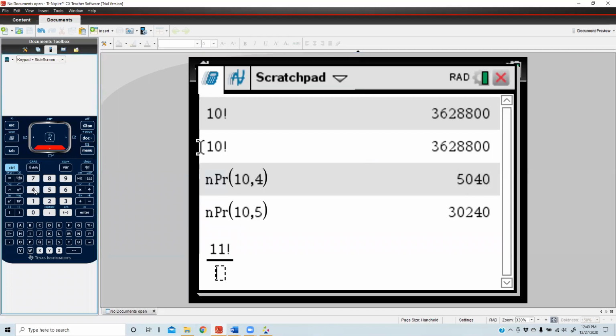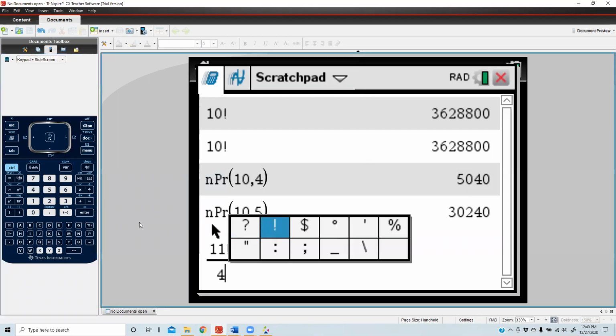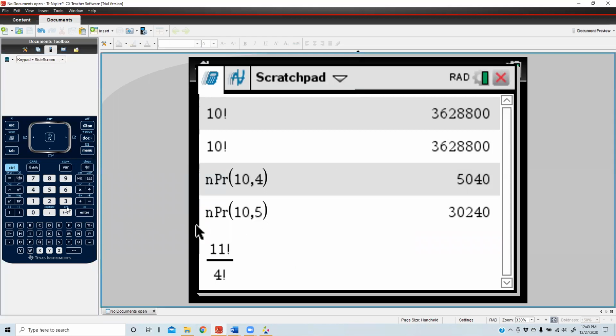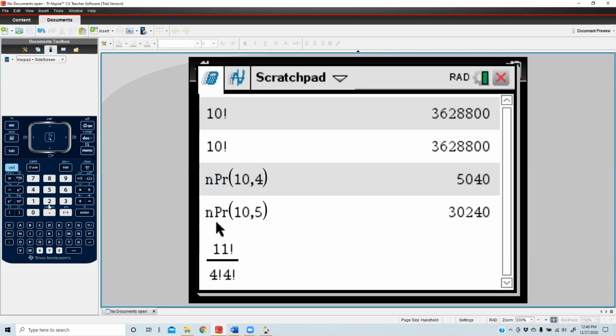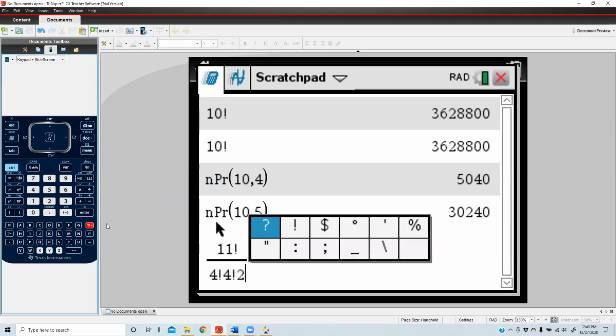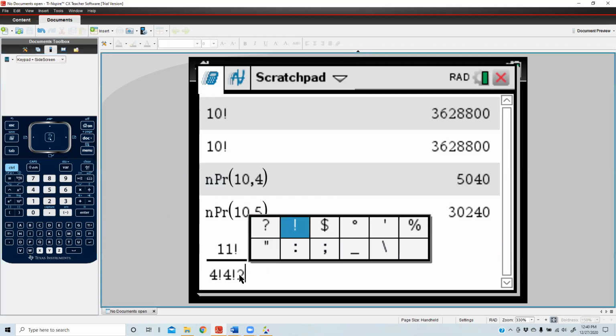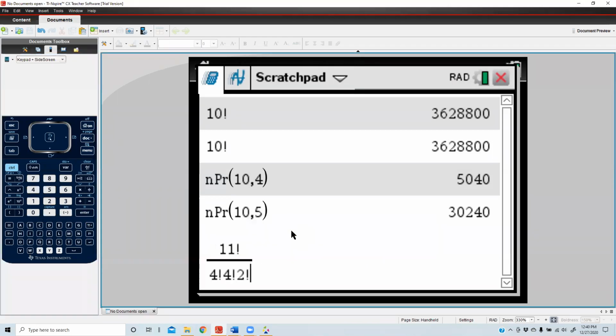On the bottom, we need 4 factorial times 4 factorial times 2 factorial. Notice I got the factorial in a different way because it's quicker.